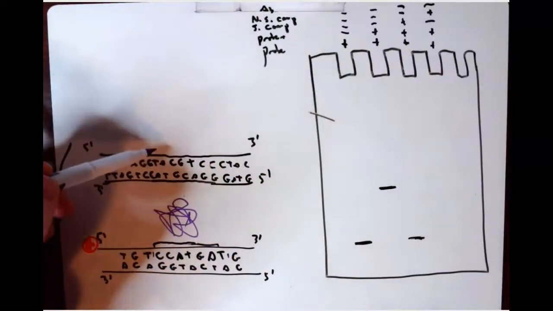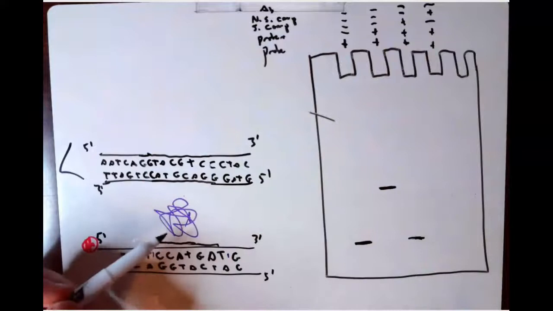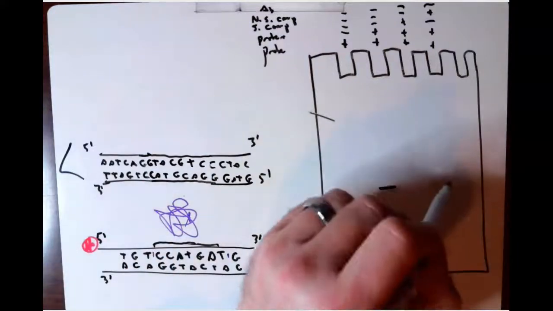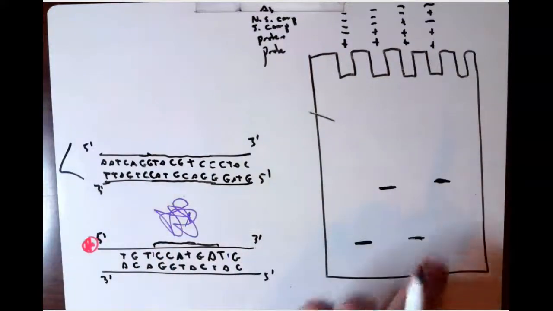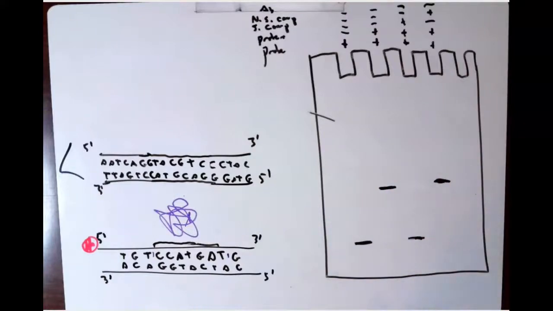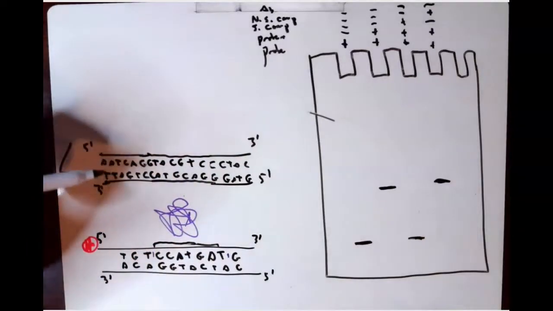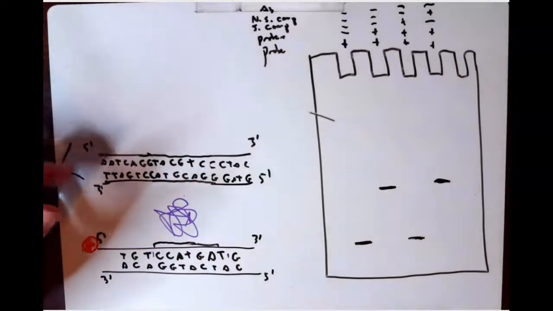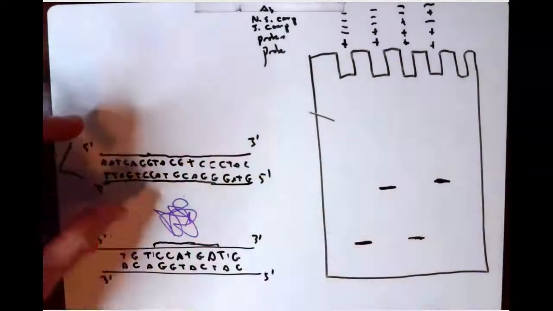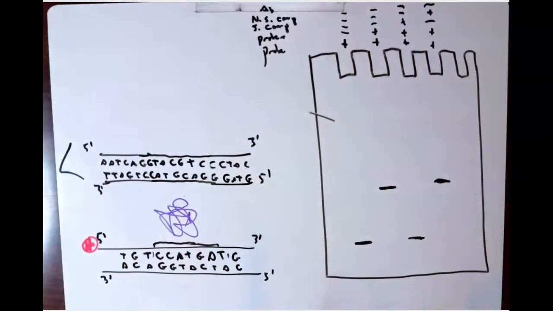And since our protein is unable to bind to the cold competitor, it will only bind to our probe, and we should restore the shift. So that's a good result. If we restore the shift here, it shows us that the binding was specific, and any old, random, cold, non-specific competitor can't really give us that loss of the shift. It can't outcompete the protein binding.